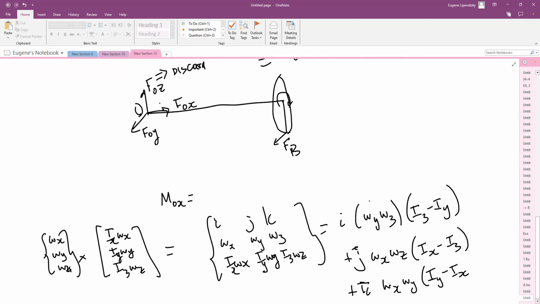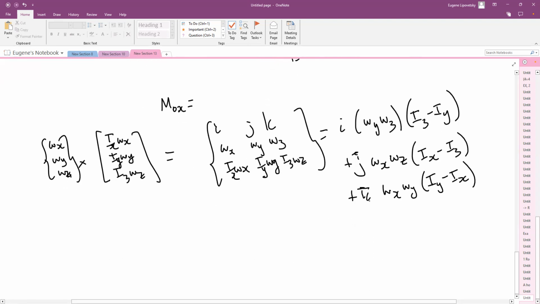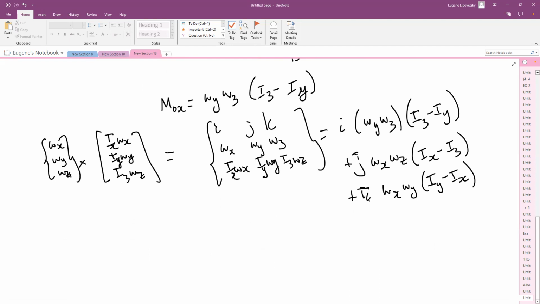These are the components that will have to go into there, into the MOX. MOX equals to omega y, omega z times iz minus iy. All right, that's where it comes from.